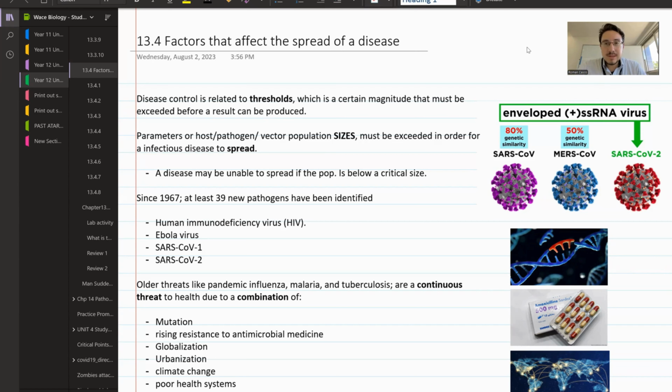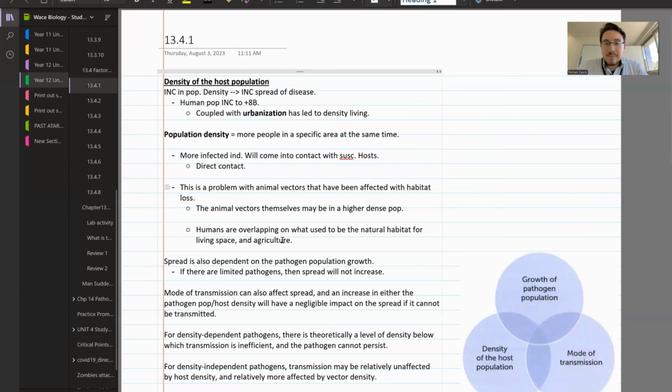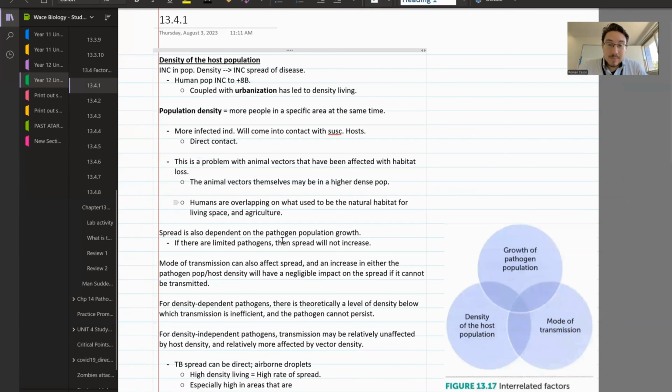Okay, and this is essentially chapter 13 of the Nelson Wace textbook, Unit 4, and we're going to talk about the modes of transmission. We essentially went over growth of the pathogen population, density of the host population, and how their levels can influence the spread of disease.